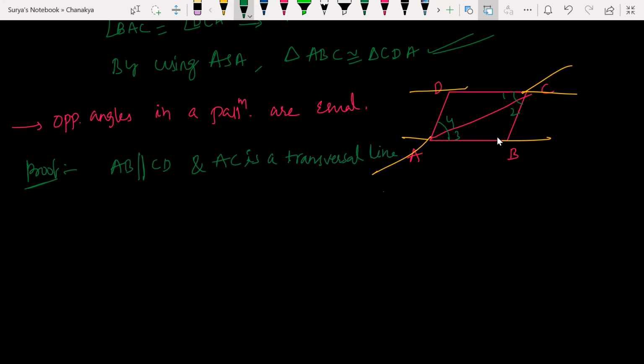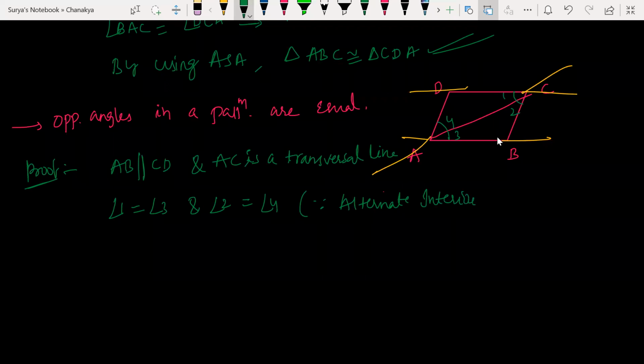All right. So now transversal line means what? Alternate interior angles are equal here. 1 and 3 will be equal. And sir, here I have a doubt. 1 second. 2 is equal to 4.